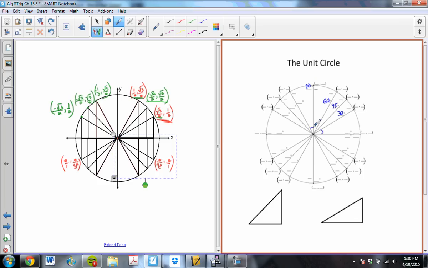This is a travel limit of 30, so 30 plus 90 gives me 120, making this 135 and 150, excuse me, 150.